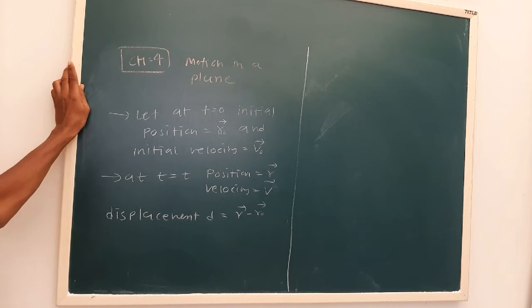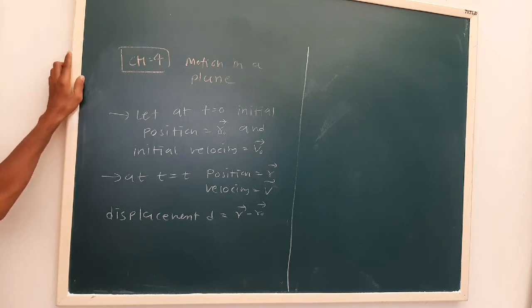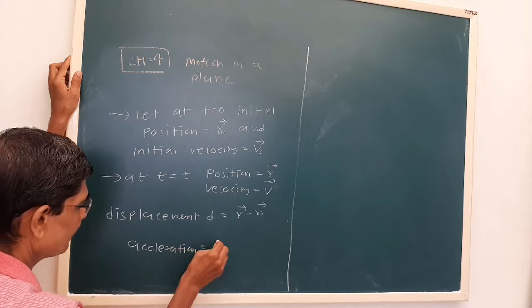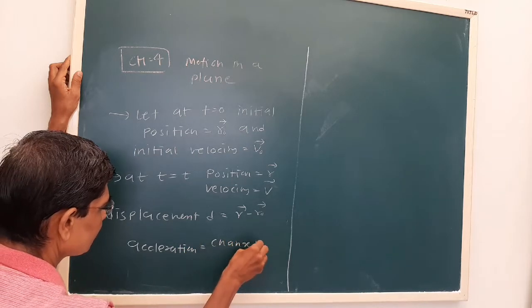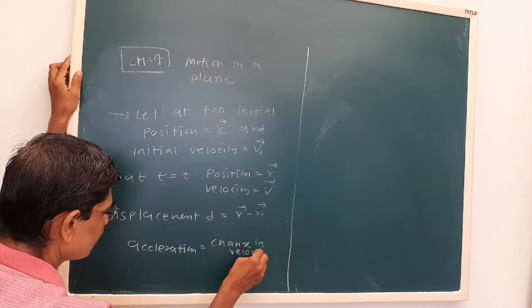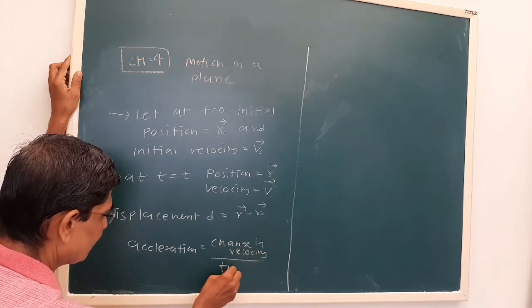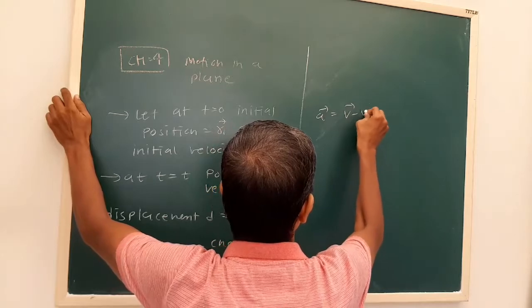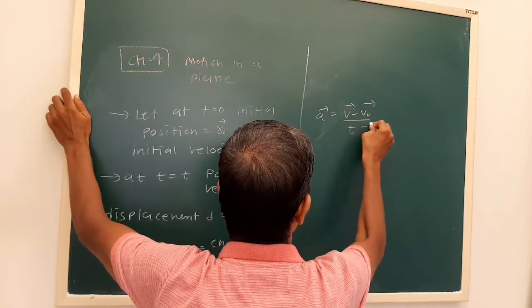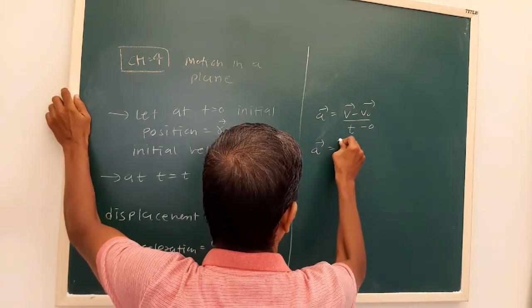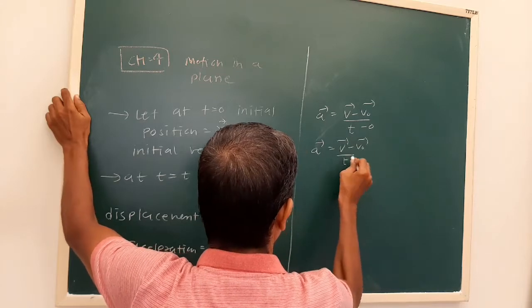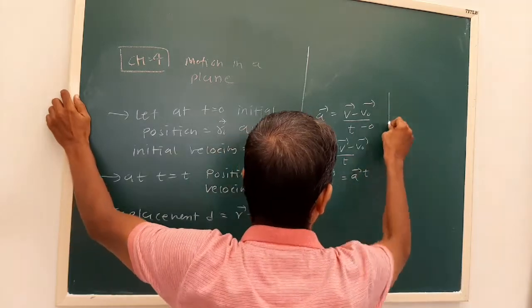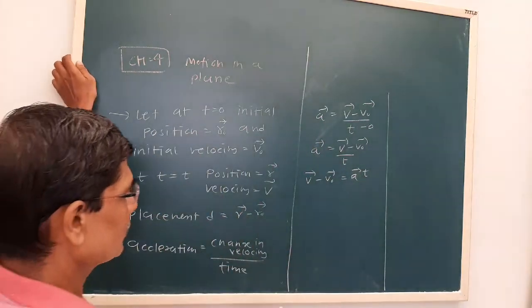Now by definition, acceleration is change in velocity upon change in time. So v is equal to v0 plus at.